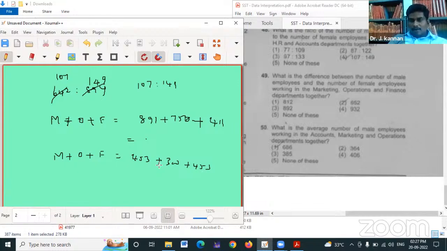So the problem is the difference between the male and female employees. Difference means we find out the number of male employees and the number of female employees first, and after that the difference between them.